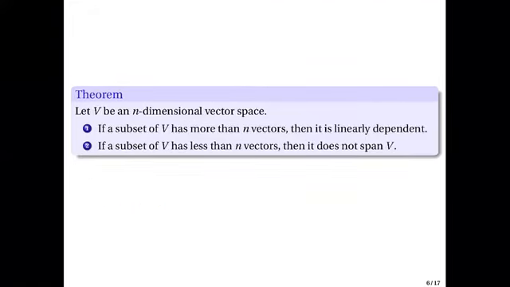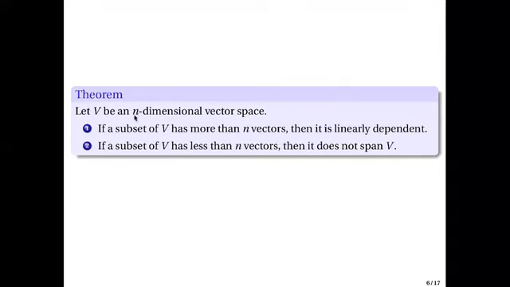For the following theorem, let V be an n-dimensional vector space. If a subset of V has more than n vectors, then it is linearly dependent, meaning you can always get at least one element from that subset and write it as a linear combination of the other elements.